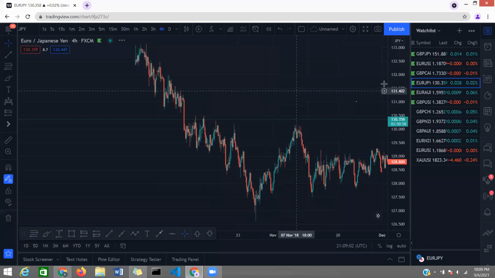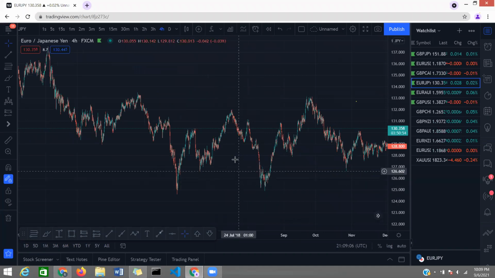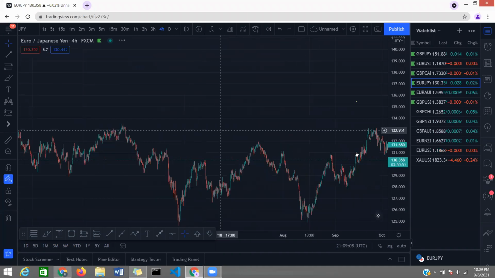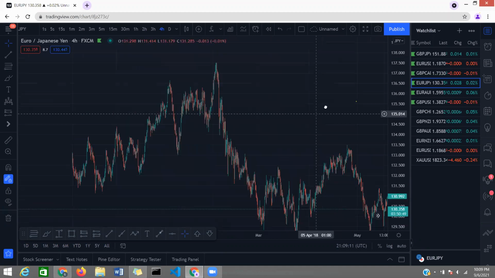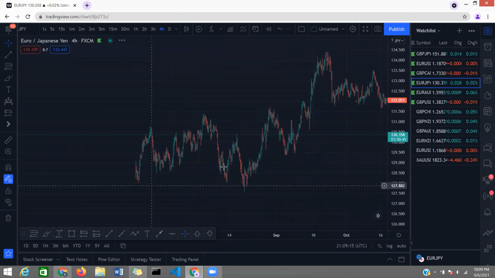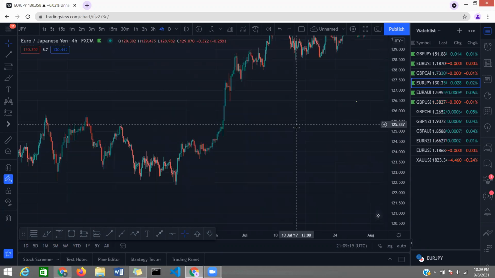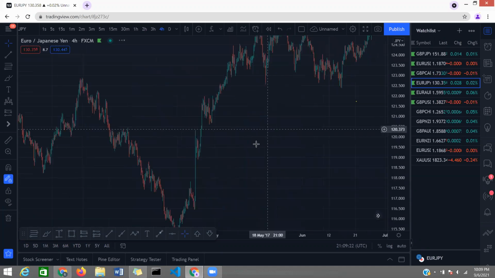I'm still looking for one. Yeah, I can't find any example of a wedge on this particular currency pair, but I'll go through it now.